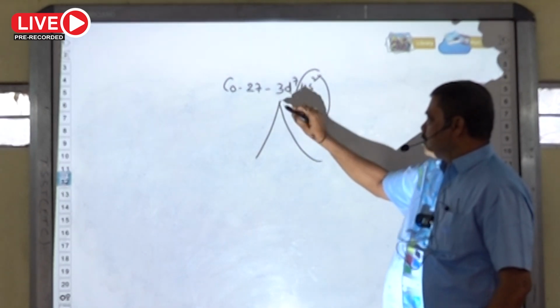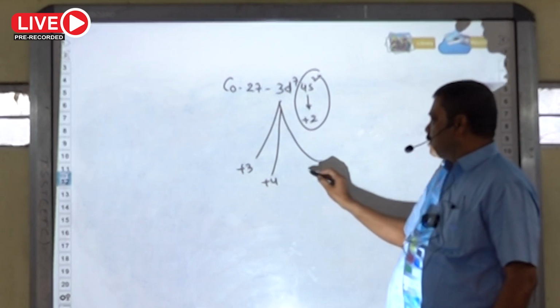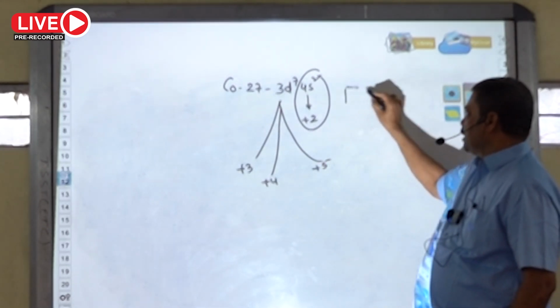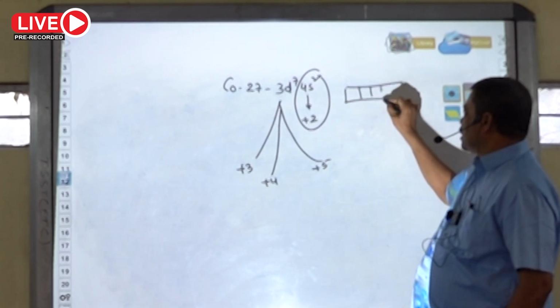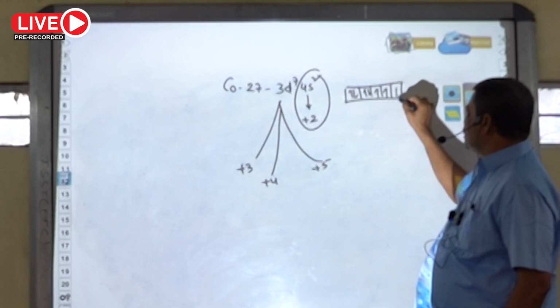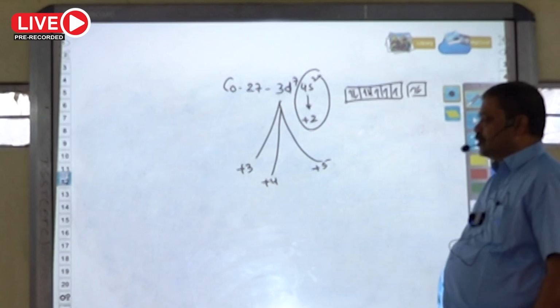It can also show +3, +4, +5, but not more than that, because the d electrons are paired here. So this is 3d7 4s2.